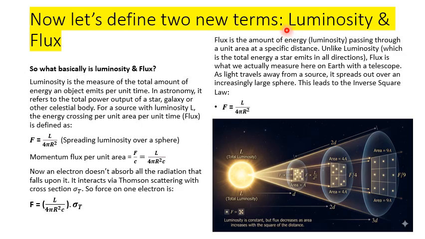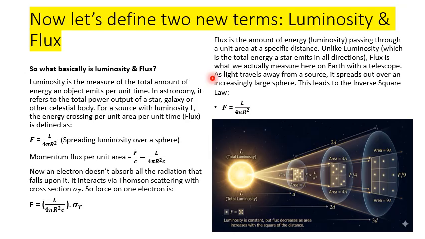So we have to define two new terms. The first is luminosity and the other one is flux, because these two terms are going to be very important and fundamental in defining the star's main equations of luminosity and the mass luminosity relation. So what is luminosity and flux?